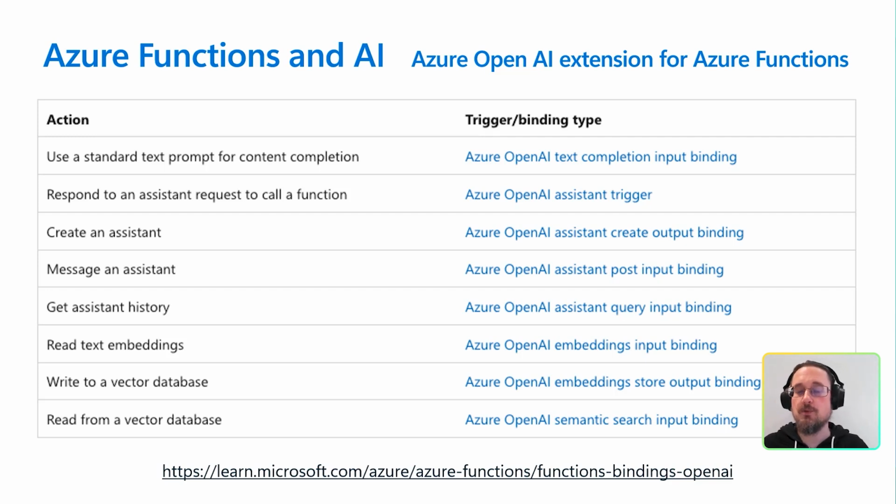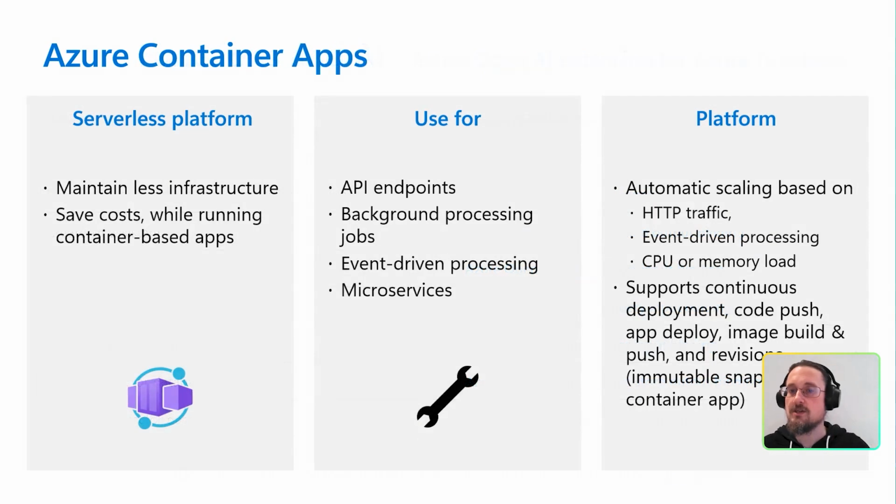So here you have input bindings, you have triggers if an assistant does something, and so on, or maybe if you do something with an embedding when you're making your content searchable. So you can see how this doesn't have to be hard. Combining Azure Functions and Azure OpenAI, I would argue, is being made a lot easier by these triggers and bindings existing. So check those out if you're interested in that combination.